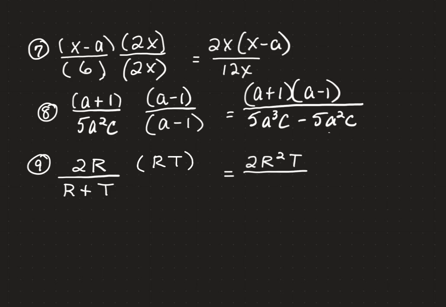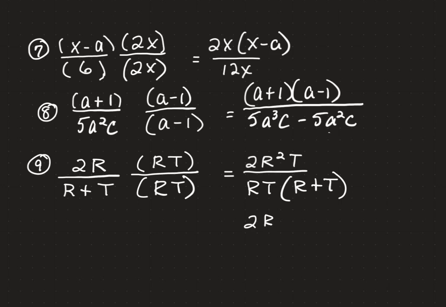So if we're multiplying the numerator by that, that's what we have to multiply by in the denominator. So in the denominator, we're going to have rt times r plus t. And if necessary, you could go ahead and do that distribution. Sometimes it will benefit you, sometimes it will not. You would get r squared t plus rt squared.